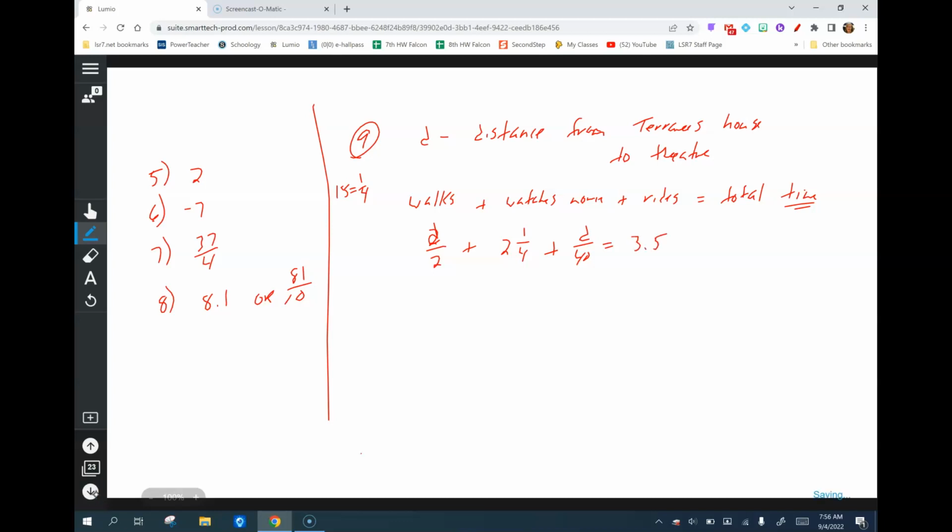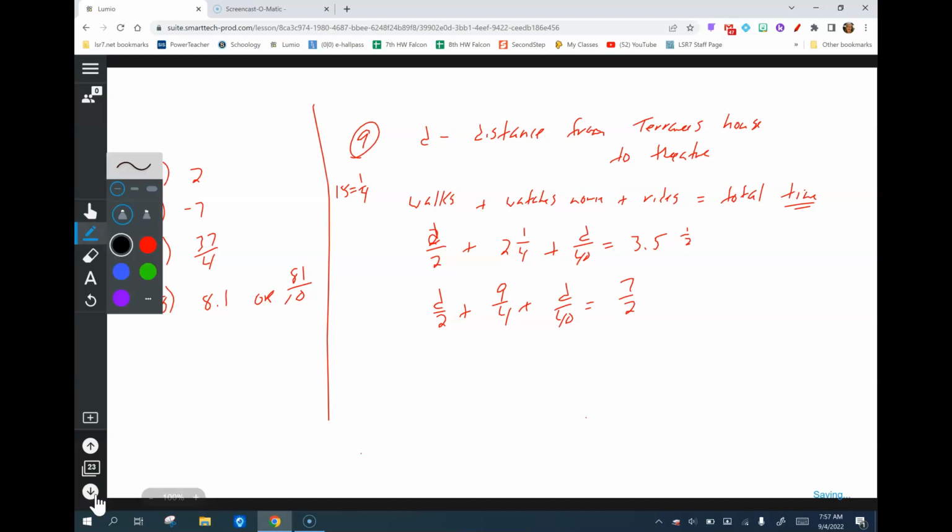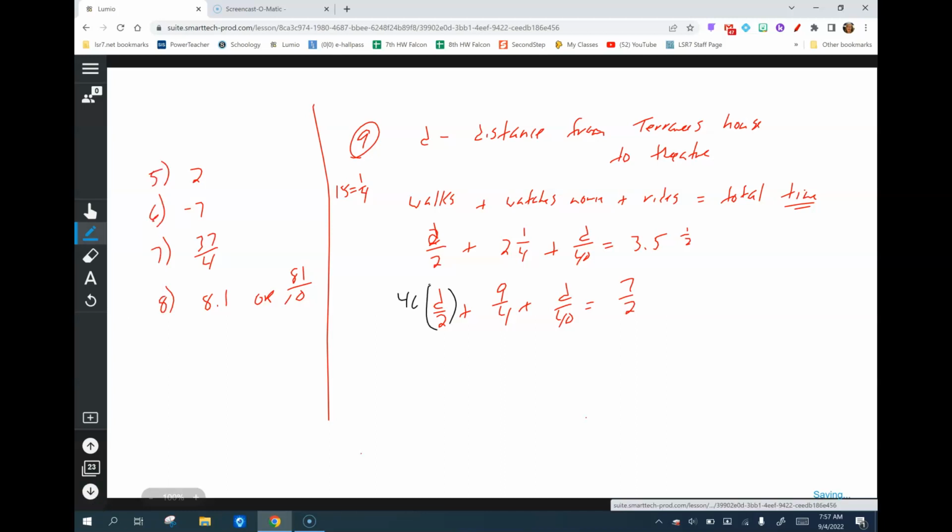Okay, so in order to solve this, you're going to have D over 2. Change this to an improper fraction. 2 times 4 is 8, plus 1 is 9, plus D over 40 is equal. Change this to an improper fraction. That's 3 1/2, so that's 6, 7, and 7/2. You would then multiply through by a common denominator. A nice common denominator right here is 40.